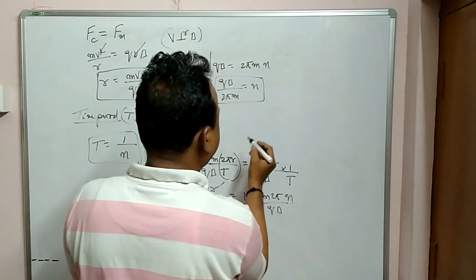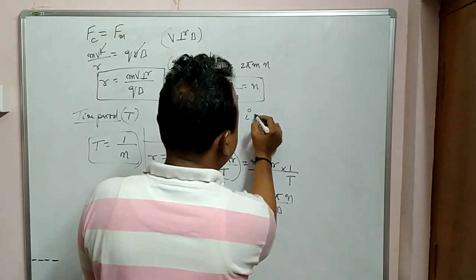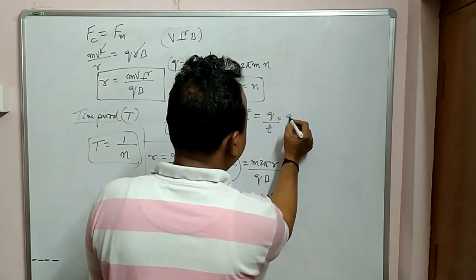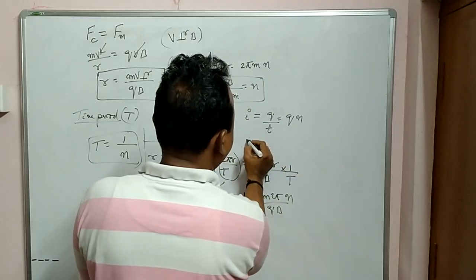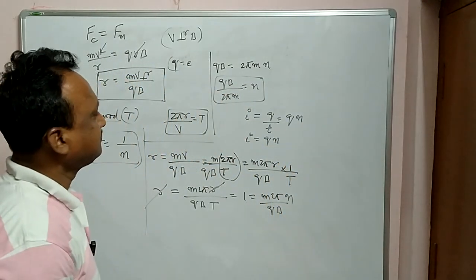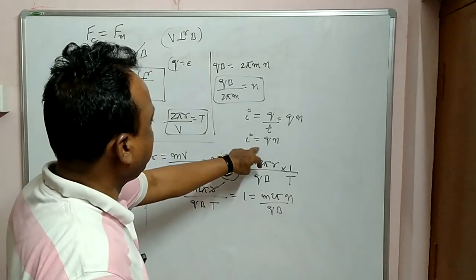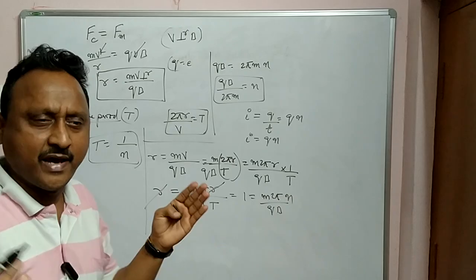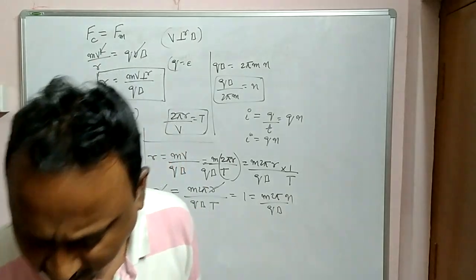And also in current electricity I gave one equation, I is equal to q by t, or q into n. So I can write in terms of frequency, I is equal to q into n. So you can substitute these formulas and thereby you can solve some numerical problems.